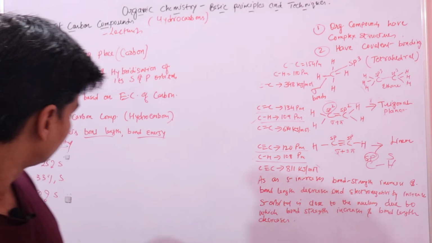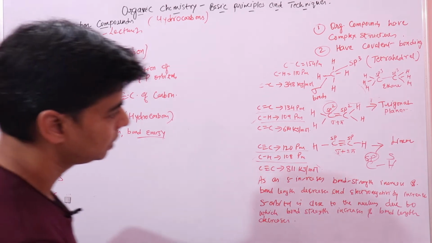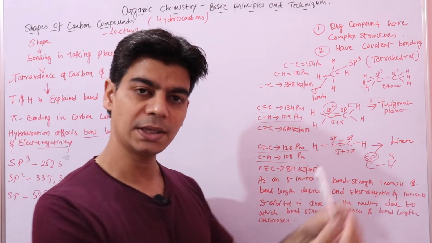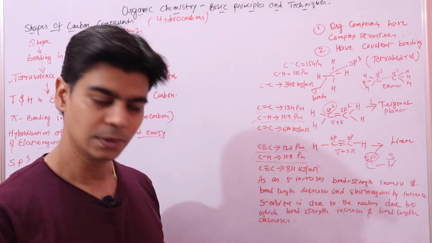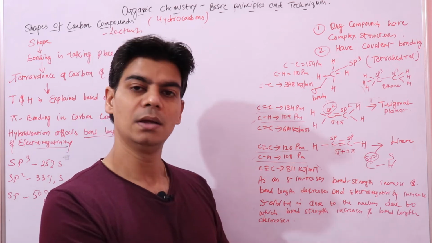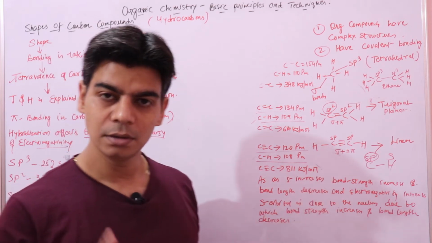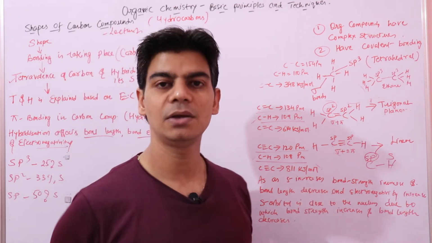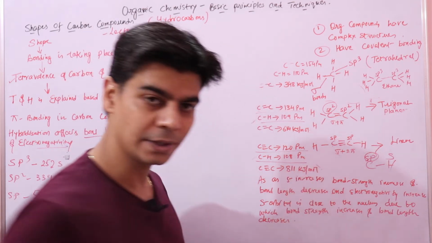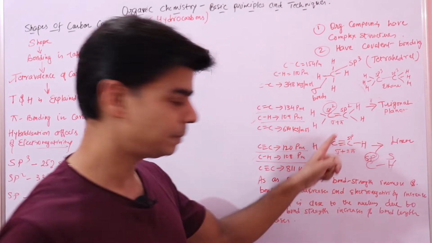Because if a carbon atom is sp hybridized, it has more s character, right? And we know that the s orbital is close to the nucleus. Since it's close to the nucleus, the electrons present in the s orbital would be strongly attracted by the nucleus, right? And we know that electronegativity is the ability of an element to attract the shared pair of electrons, right? So if you look at acetylene, in acetylene this carbon is sp hybridized.